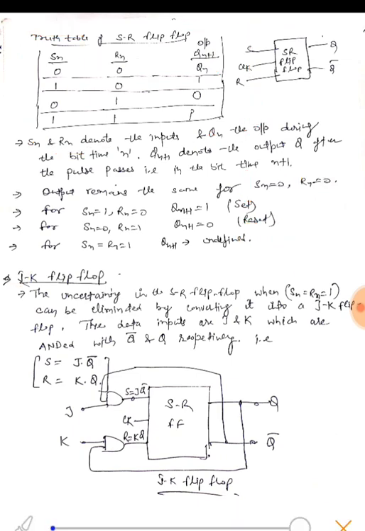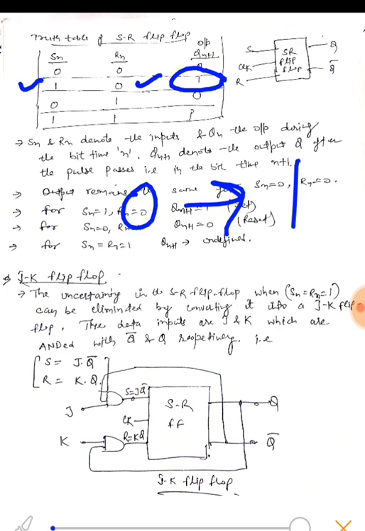Now if the inputs are 1 0, then the next state Qn plus 1 would be 1 irrespective of the previous state. If we provide 1 0 as input, if it was 0 previously, then it will become 1, or if it was 1, then it will remain 1.